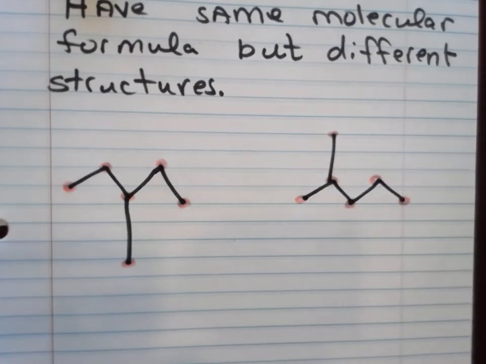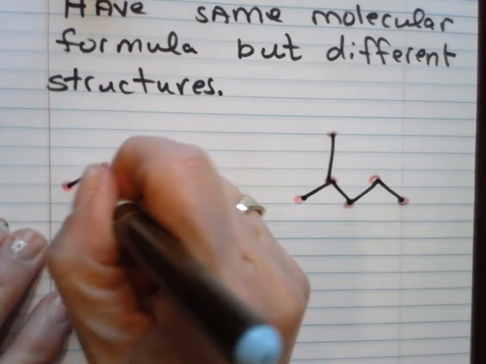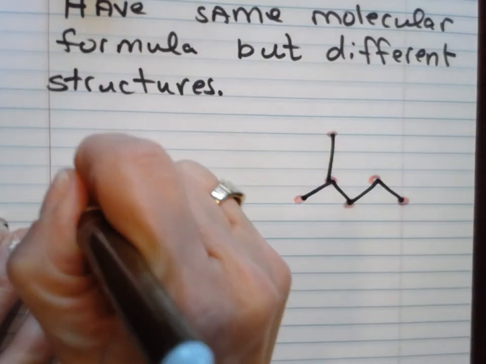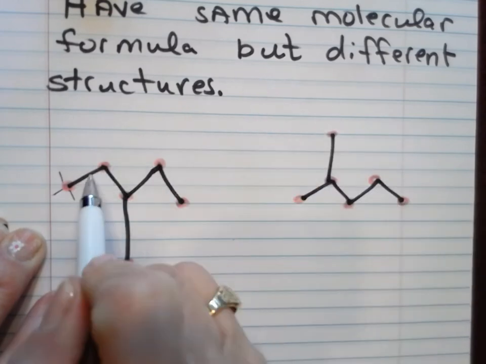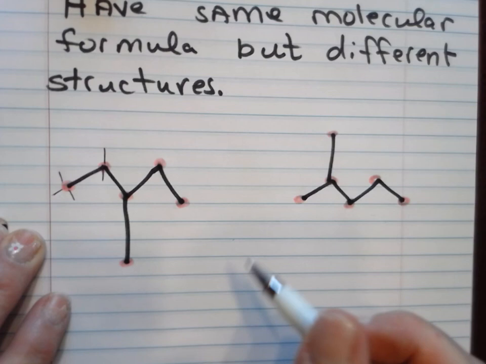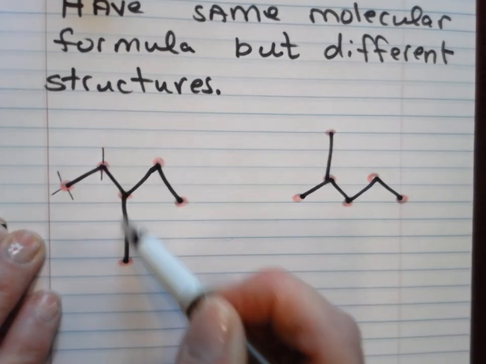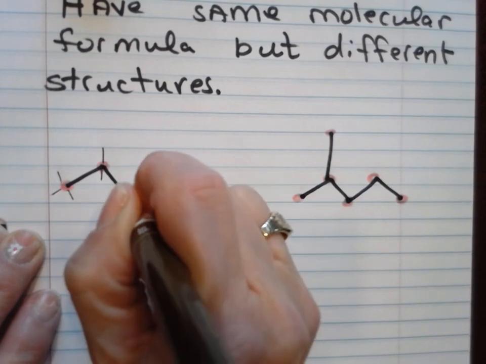Now, knowing that carbon is going to form 4 bonds, there's 1 bond on this carbon, so we have to add 3 more. There's 2 bonds on that carbon, so we're going to add 2 more. This is a tertiary carbon because it's bonded to 1, 2, 3 other carbons, so there's only room for 1 more bond.